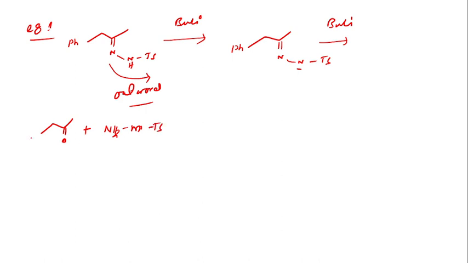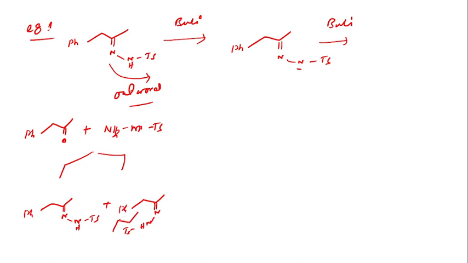Then how do you know if it is outward or inward? Then we have two options. With this C double bond N, we can put this NH outside, and we have another possibility that we can draw easily, with NHTs. Now see, it is sterically unfavorable. That's why this is the option. So this is the outward direction.